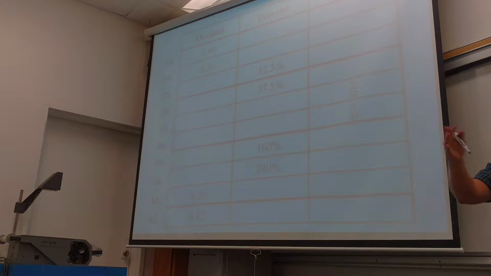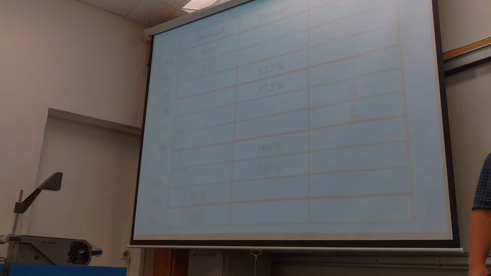Are you guys loving that as much as you should? That makes it so easy, right? Bam, bam, 7.1%. If I want to go the other way, this one's always confusing to people. It looks really small already, but it's going to get even smaller. I'm going from percent to decimal, so I move the decimal place that way. Bam, bam. So it's going to be 0.0003 as a decimal.